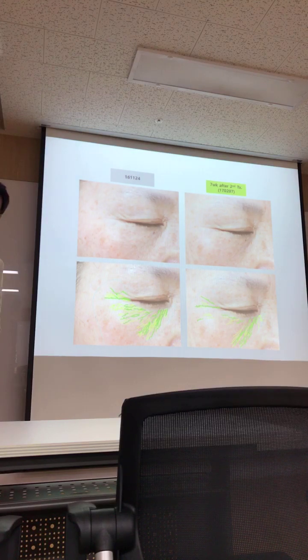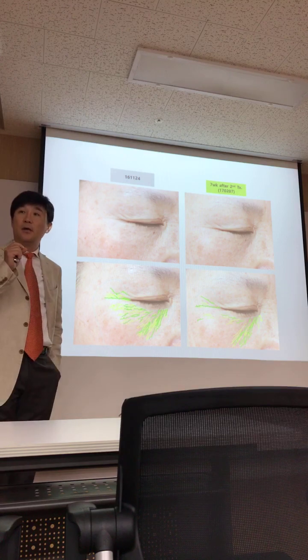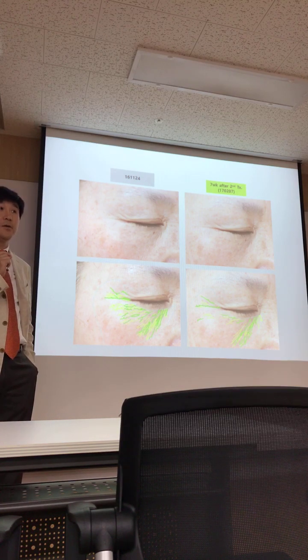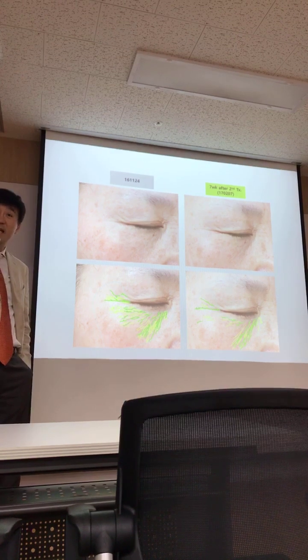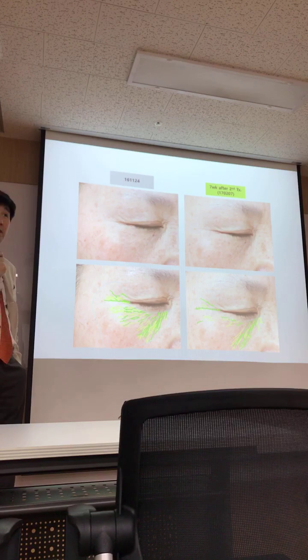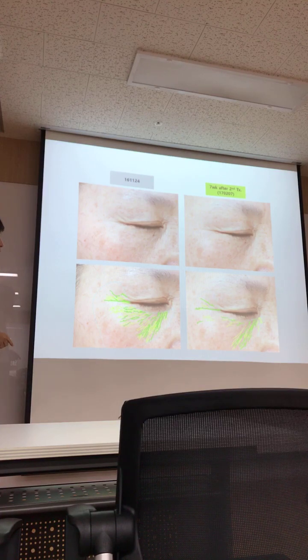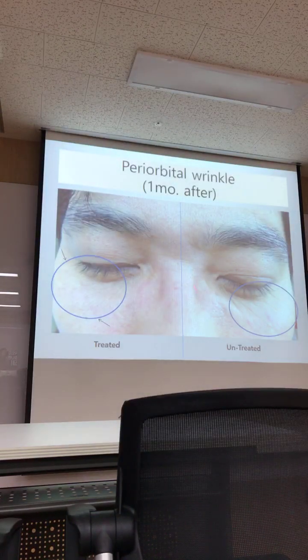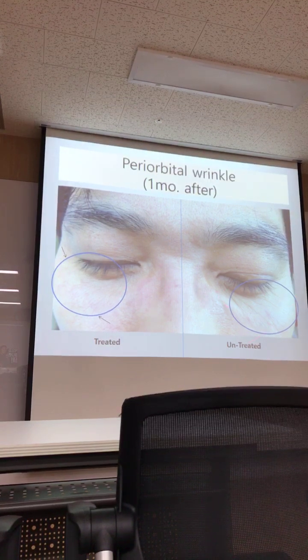We can treat the eyelid wrinkle with topical lidocaine cream only, because the needle is very tiny, only 0.8 millimeter. So we don't need to inject lidocaine, but we need enough time to be anesthetized by the cream. This is another case. So we can compare the treated part and non-treated part.